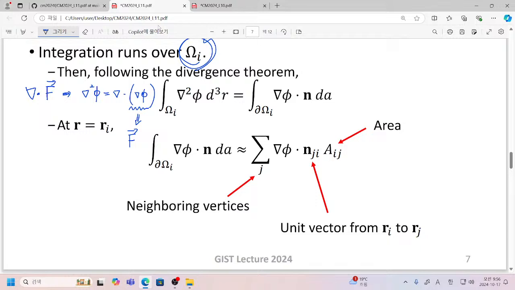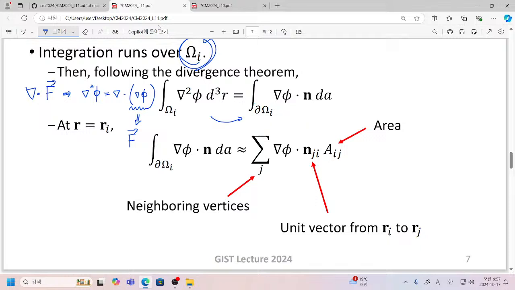Then immediately we can write down in this way: on the surface of our control volume, we must calculate the normal component of the gradient of phi. That's it. So that is our calculation.